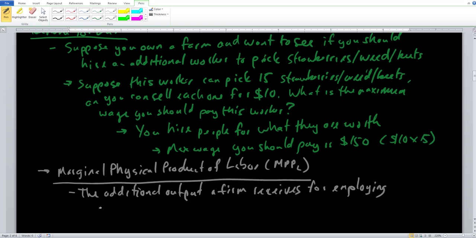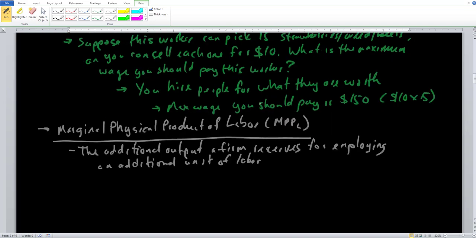So if we hire this one worker, in our case right here, how much additional output is going to be able to generate for our little farm?